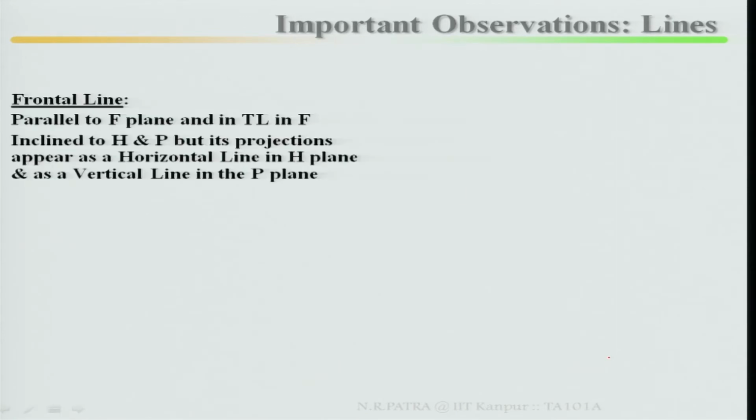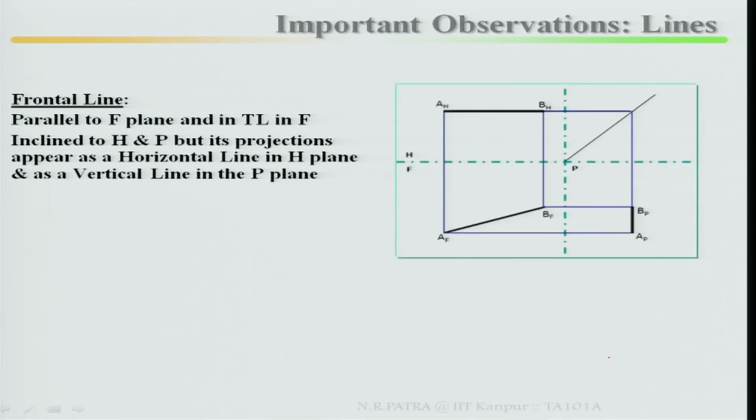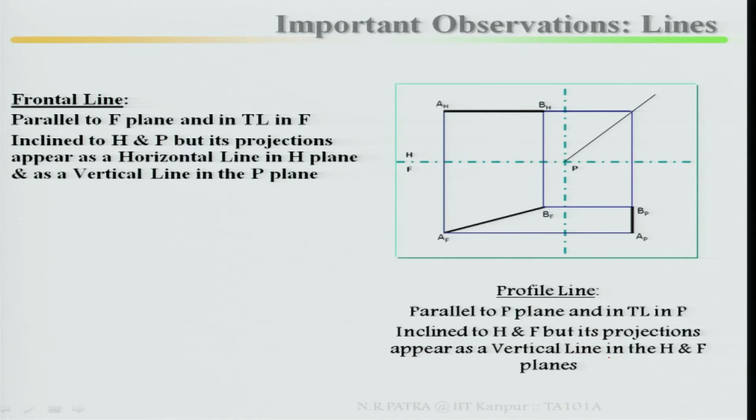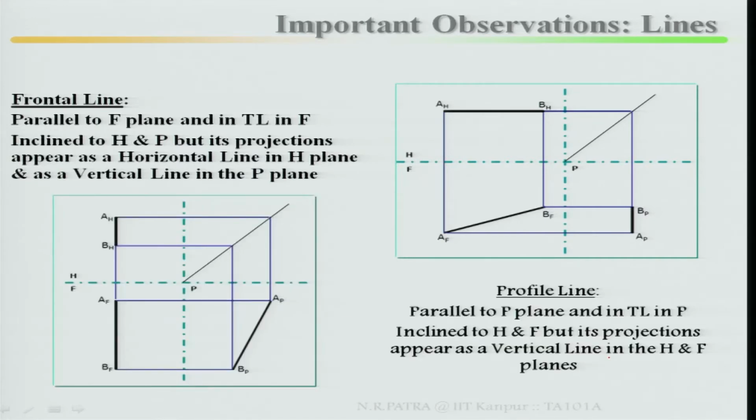Now, come to the next feature, the frontal line. If I say it is a frontal line, what does it mean? If this line is a frontal line, it is parallel to your frontal plane, and in true length in frontal.